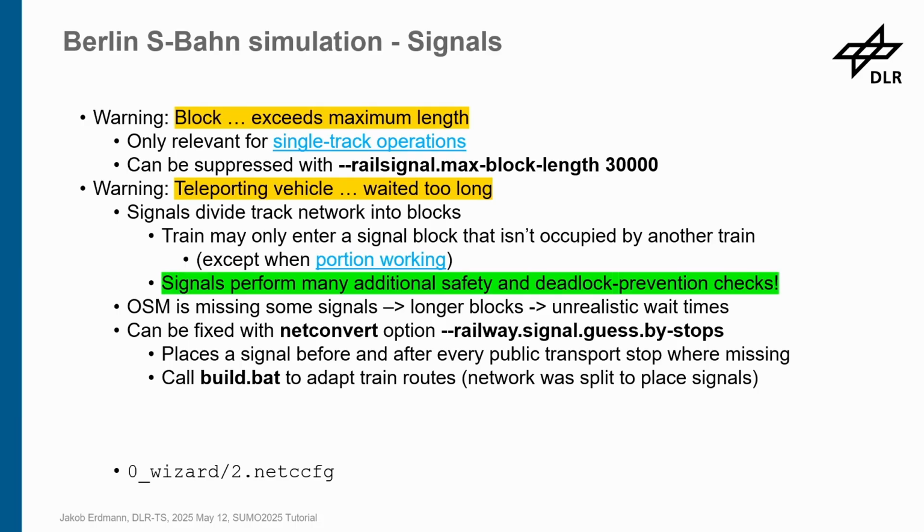These are not actually the signaling blocks, they are larger sections that are needed to check for deadlock in the railway system and to prevent them. And the Berlin light rail system is a big circle, and it's a bit harder to check for these deadlocks in a circular structure. But for now, this does not concern us.